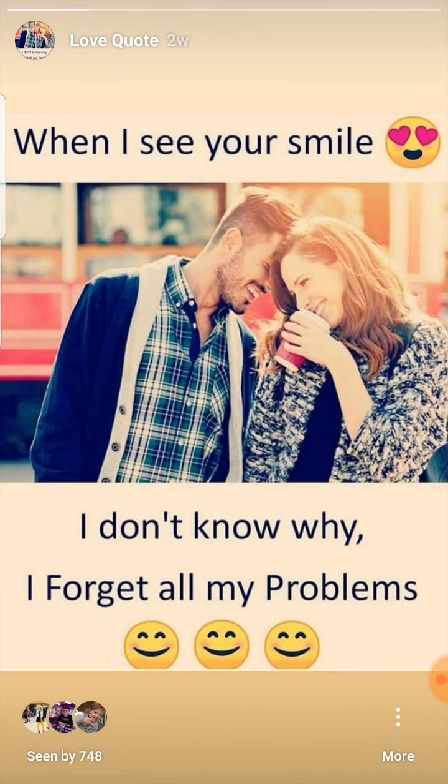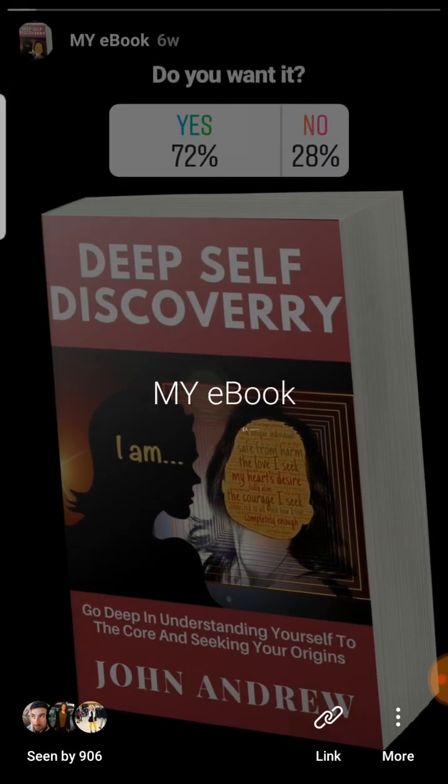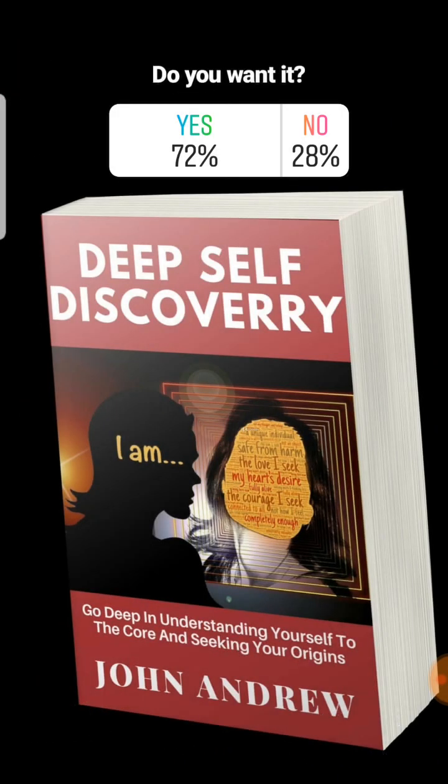Okay, this is another post that is like a love quote. Also this one, now pay attention to this one, because actually this is a book that Yanis is the author of, and it says on the top, do you want it? And again, a question of yes or no. And yes, this is a very good and very smart way to sell a product.